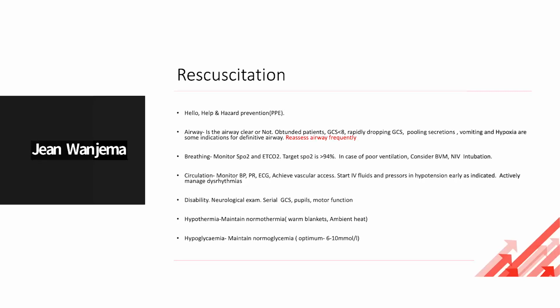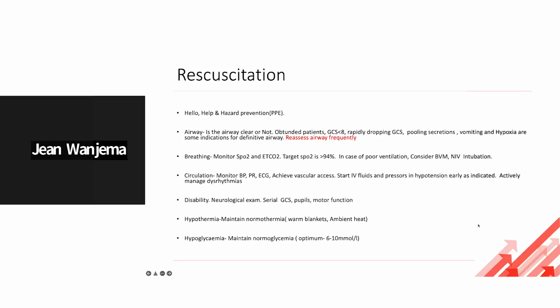If the patient's having trouble breathing on their own, you might want to consider more advanced ways of supporting their breathing, from as simple as a mask to a BVM to non-invasive ventilation, and appropriate ventilator modes if they are ventilated. Then in terms of their circulation, they can easily tip over into fluid overload or fluid insufficiency.